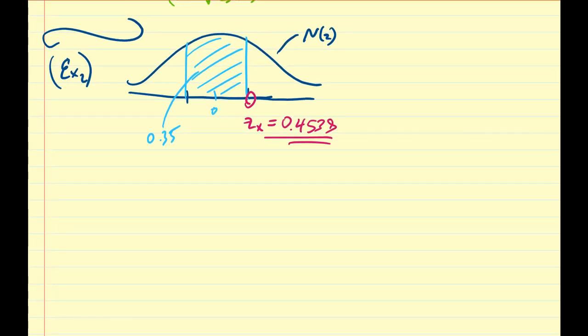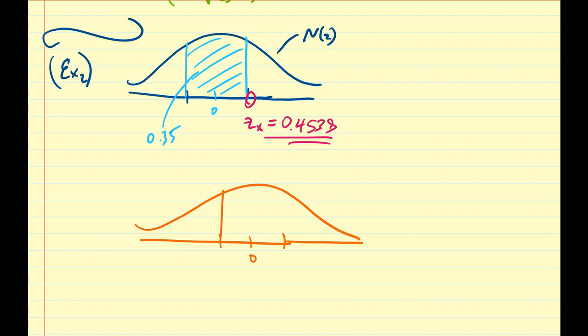So let us now see what happens for the t distribution. If we take the same exact area, also symmetric about 0, that's one of the special properties of the t distribution. So let this curve be the t of x distribution. Let us assume this is 0.35. Now, of course, t of x is dependent on some degrees of freedom.